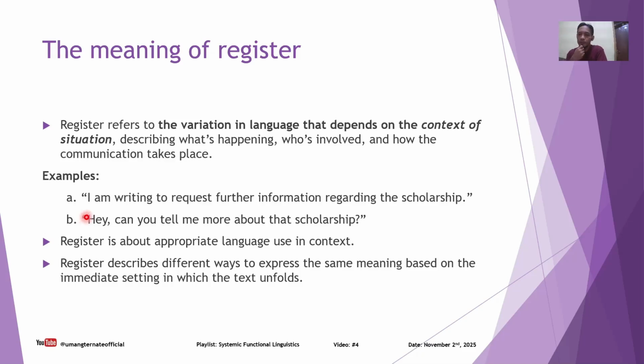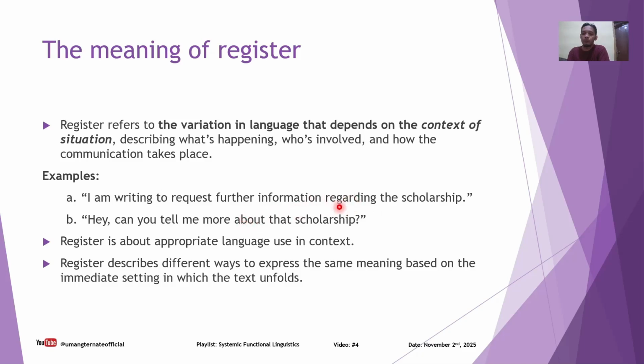How do we know that? We can see the number of words and the complexity of the structure. For example, let's say that this is an email. We know that this is an email because there is the word writing here, and instead of using ask, the writer uses request.